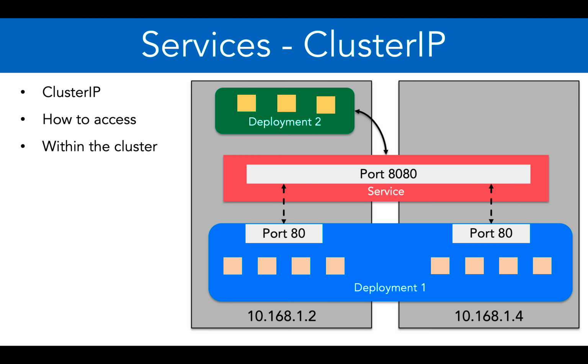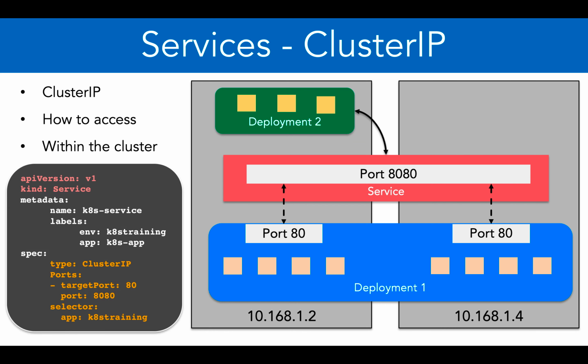Now how to access within the cluster? You get something called a cluster IP, and using the cluster IP you access this particular service. Now the manifest file is very similar. The only difference is that in type we have cluster IP, and in ports we do not have any node port.